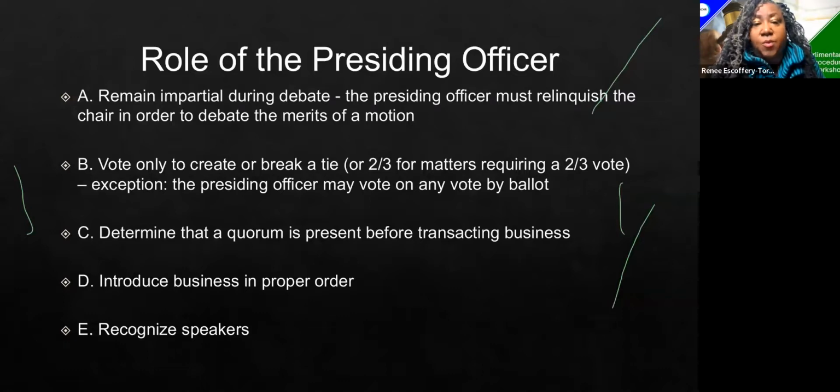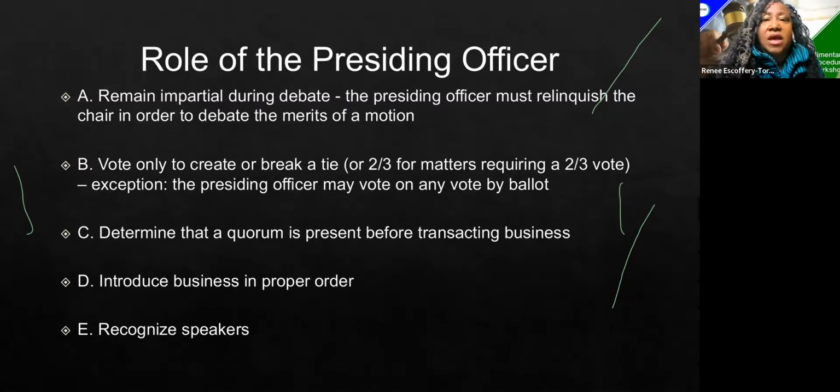Then you want to determine that a quorum is present at all meetings. That's the first question you ask: Madam Assistant Recording Secretary, is there a quorum? And then you can continue. Also, you have to ensure that your quorum remains.